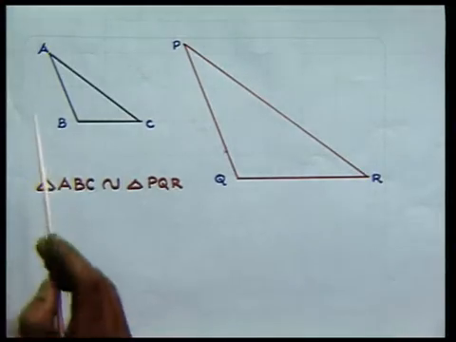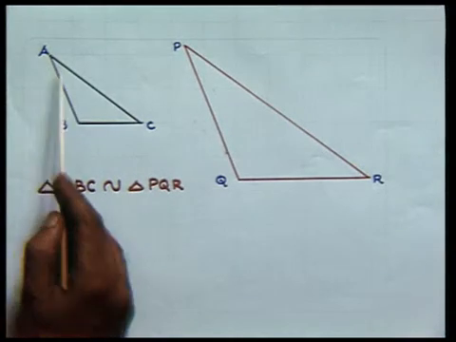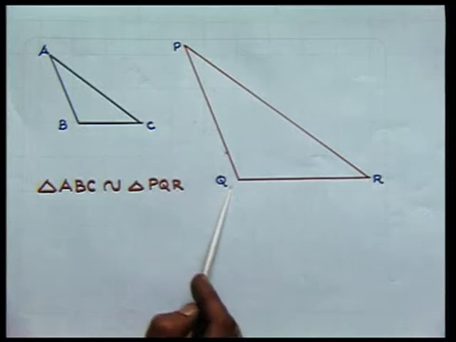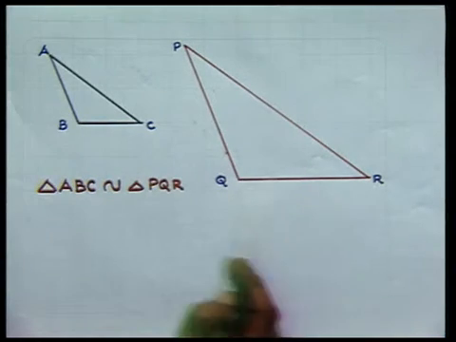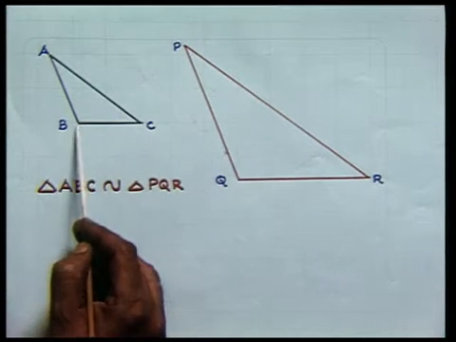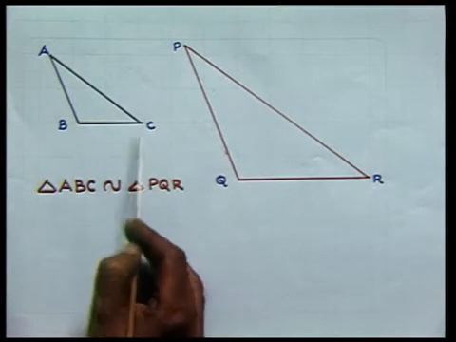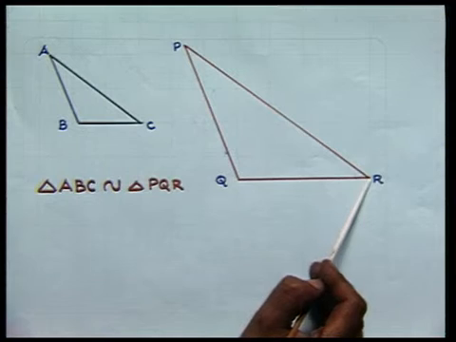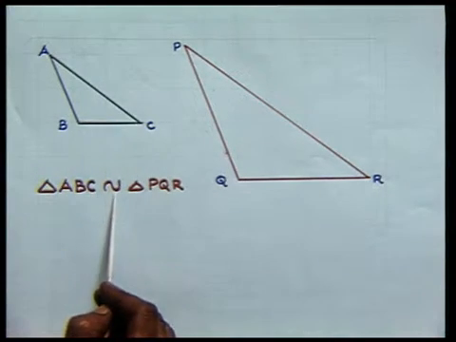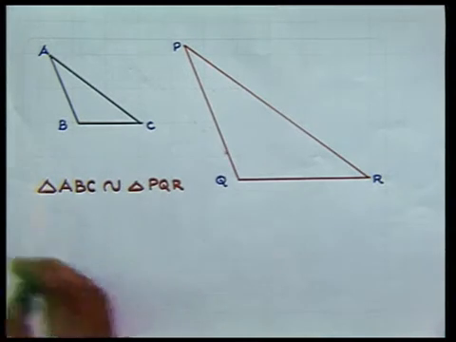Here one triangle is ABC, and the other triangle is PQR. The correspondence is between point A and P, point B and Q, and point C and R. And we are told that triangle ABC is similar to triangle PQR.